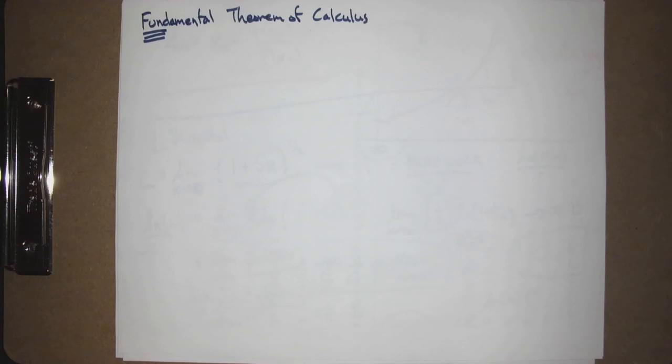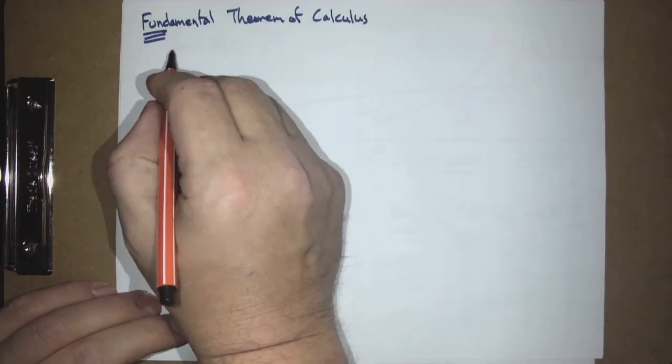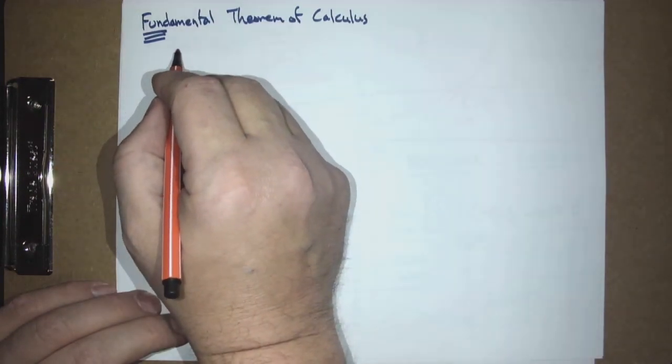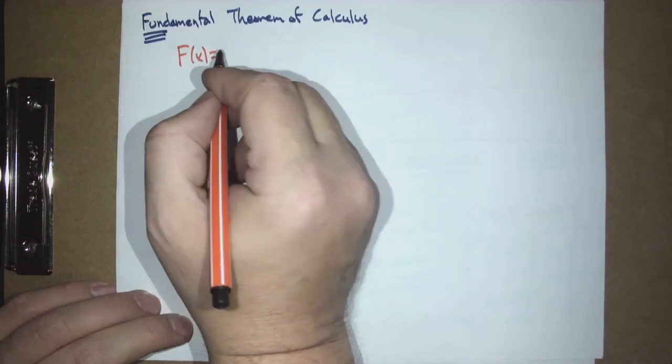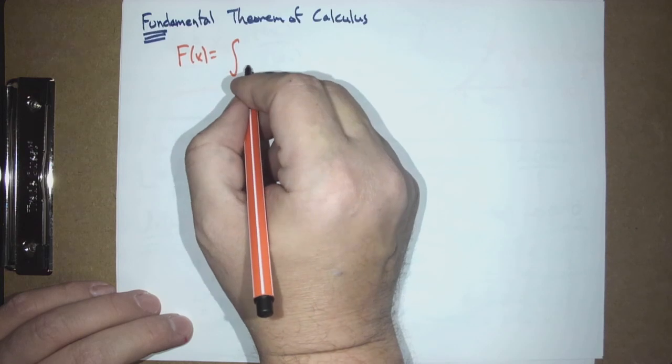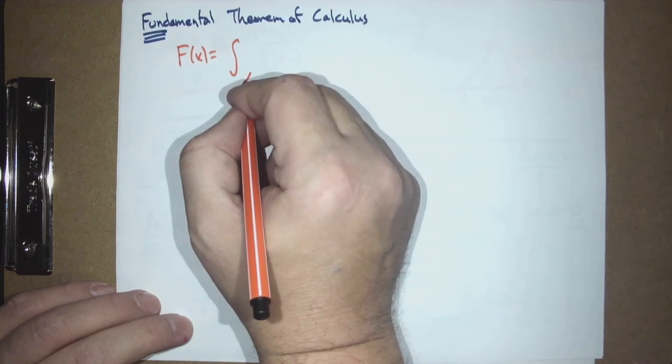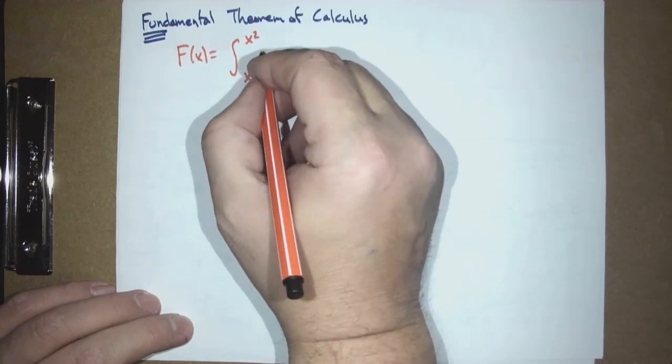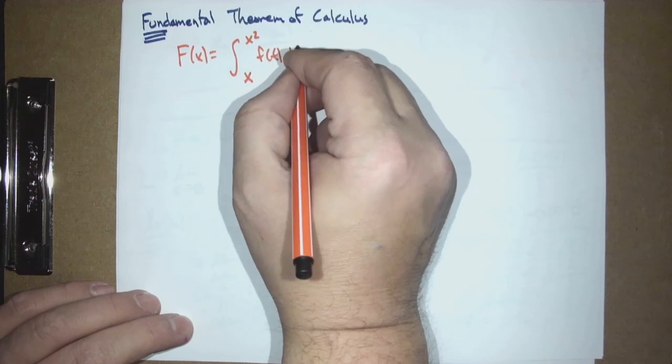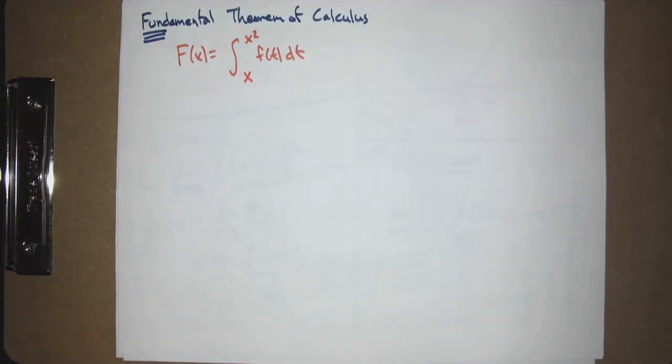So when we talk fundamental theorem of calculus, we talk about things where we say, let's suppose we have the following, where we have a function f of x equals the integral from x up to x squared of f of t dt. And maybe we know what f of t is.